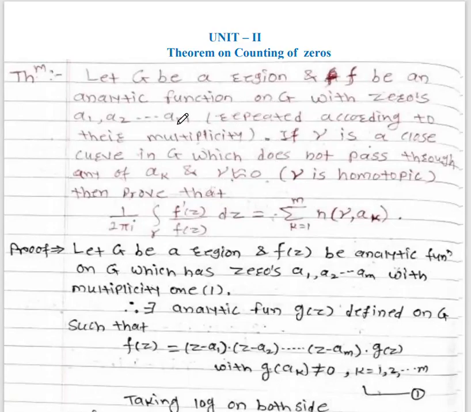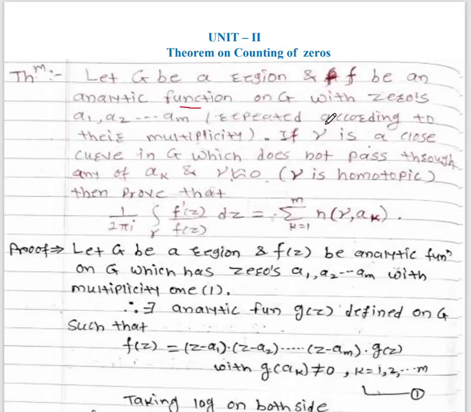Let G be a region and f be an analytic function on the region G with zeros a1, a2, ..., am repeated according to their multiplicity.